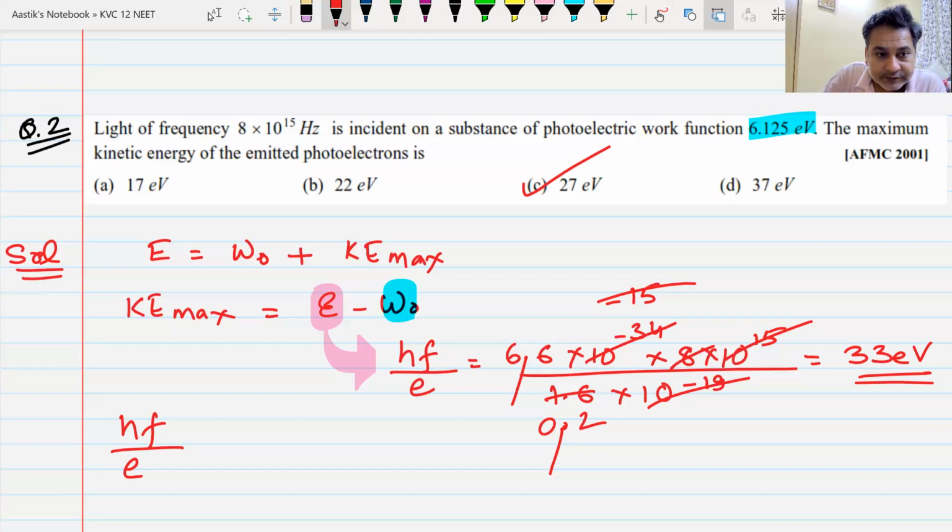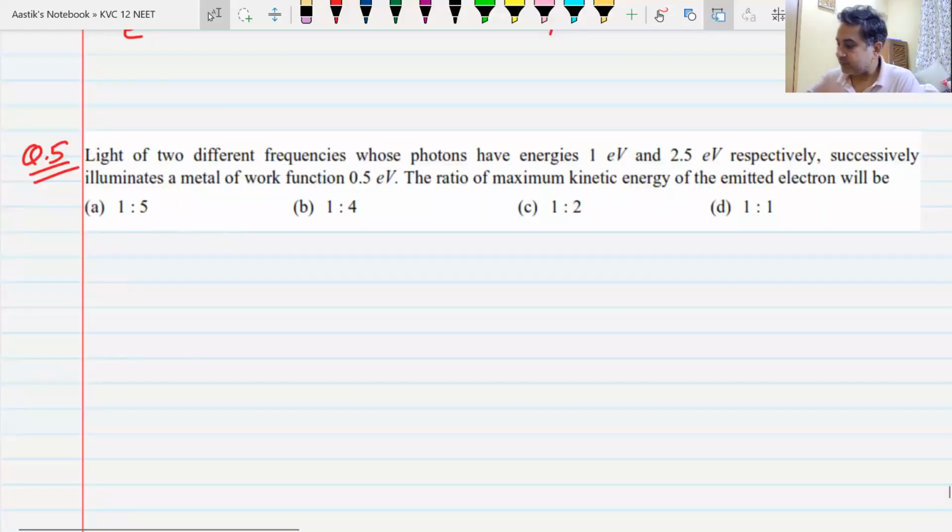This one. I've seen this question in previous exams. Sir, can you solve it now?